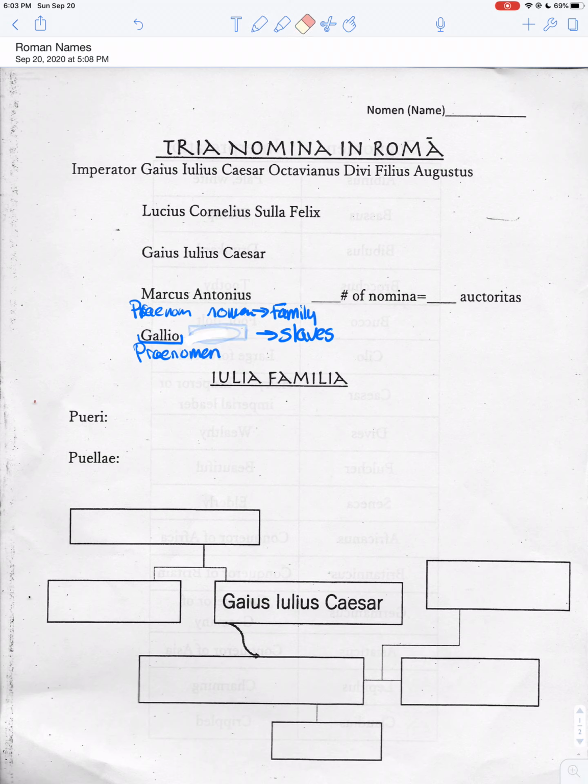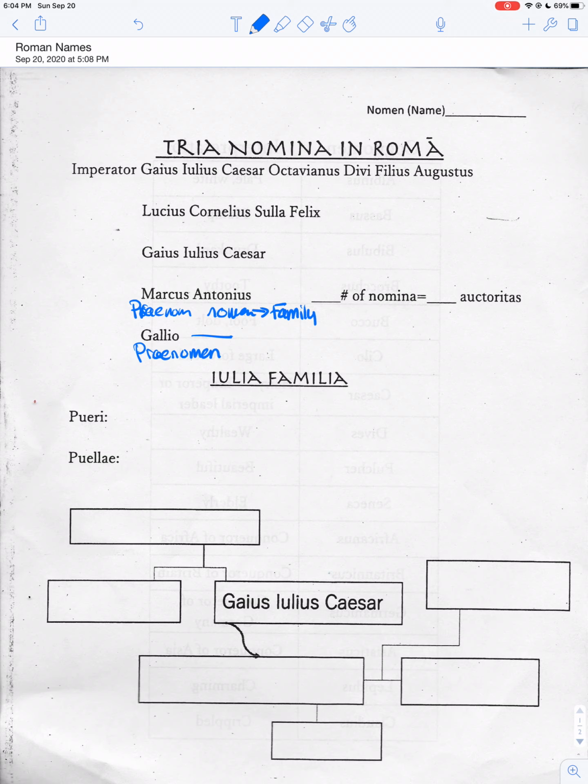So if Gallia was owned by the Antonia family, so of the Antonia family, Antonii. So Gallia of the Antonia family. But usually they did not have a family name because they were slaves. They did not have a family.